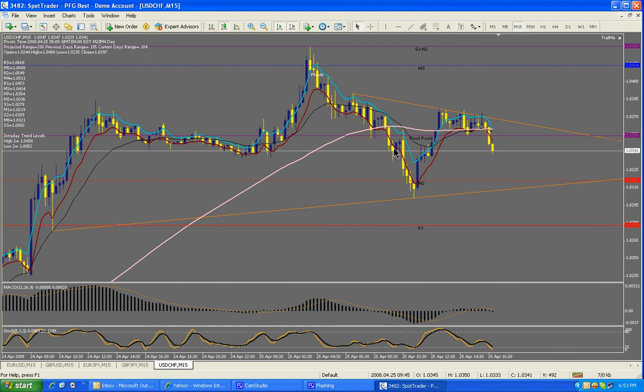The low here is 0333, so 0332 is going to be the entry. This candle brought us in, so the previous retracement candle is going to be our stop plus one. The high on this candle is 0361, so 0363 is the stop.